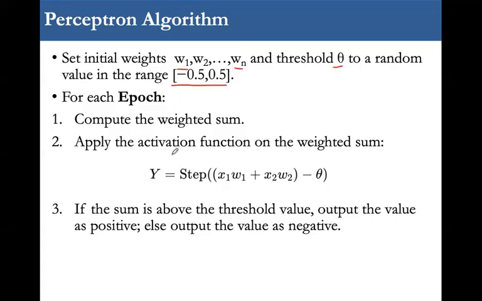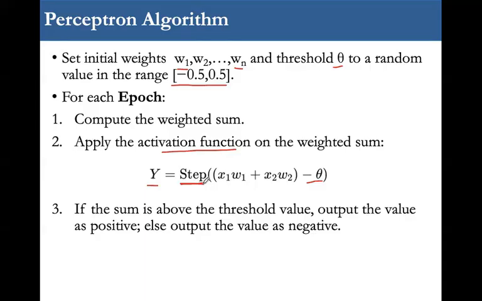The second step is to apply the activation function on the weighted sum. So here it's represented as the formula y is equal to step of x1 w1 plus x2 w2 minus theta, the threshold value. Here, as we are using the step function, we are mentioning the step.